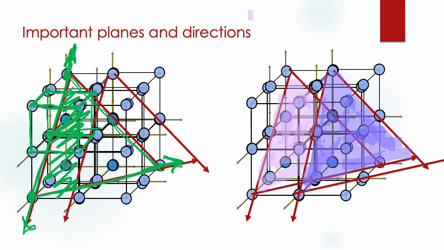All right. So we need to do a little bit of crystallography, I guess might be the best word for it. In 3D space, there's a convention for identifying or labeling or describing directions and planes.